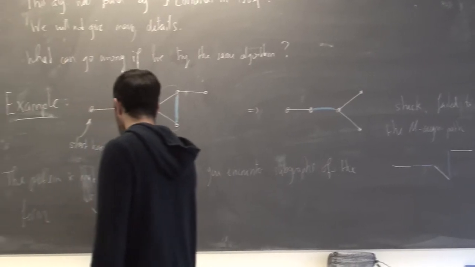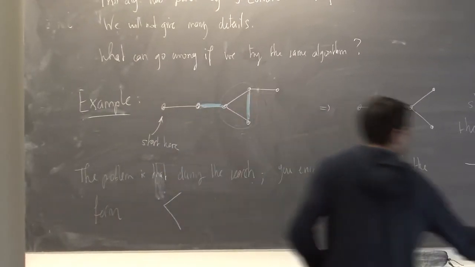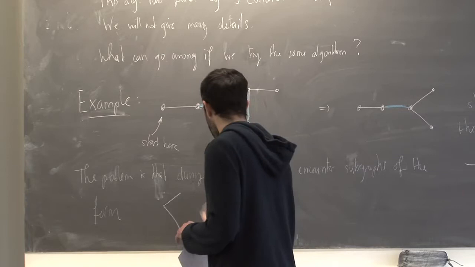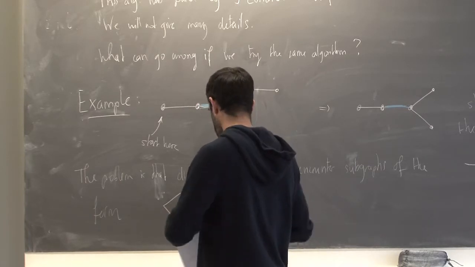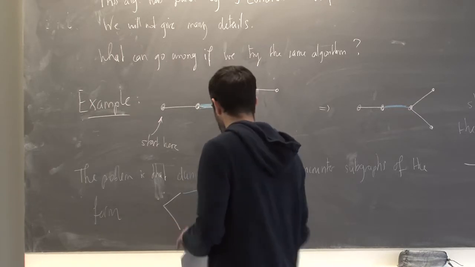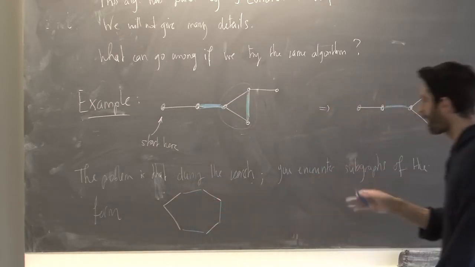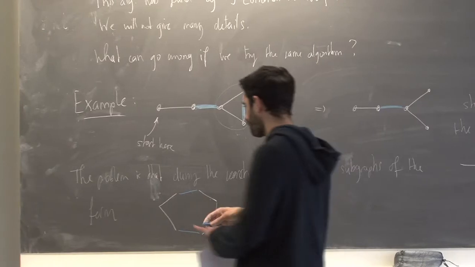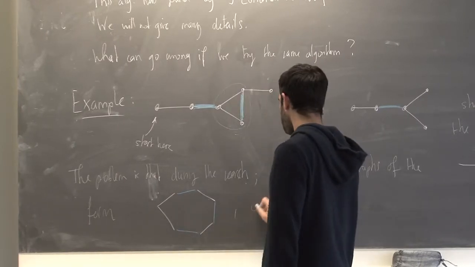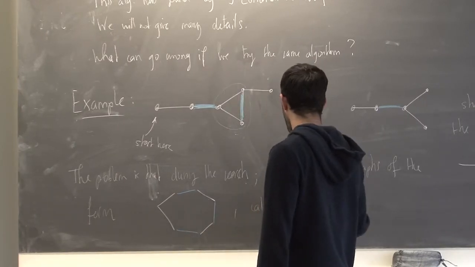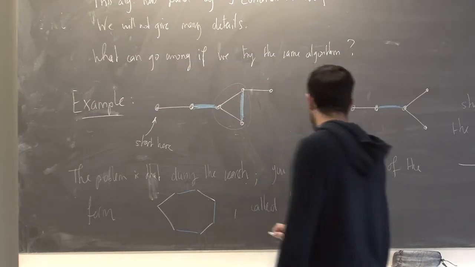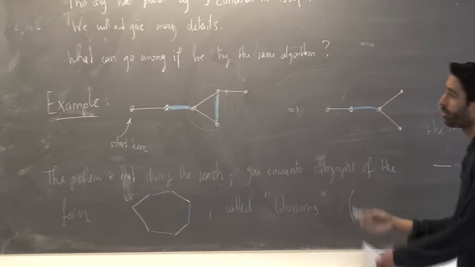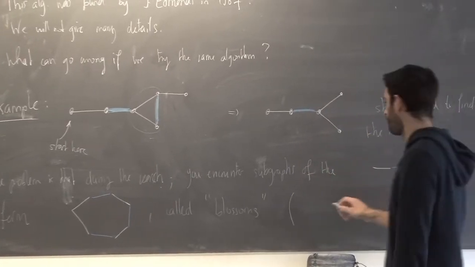So it's a cycle of odd length where the matching alternates except at one point, which Edmonds called blossoms. And this whole algorithm of Edmonds is called the blossom algorithm.